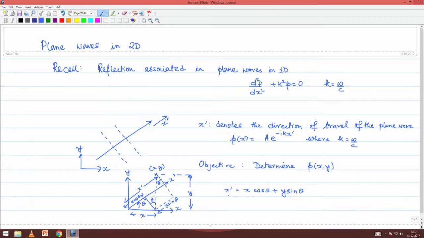So, we can simply substitute x prime equals x cos theta plus y sin theta in the expression that we have derived for p(x prime).